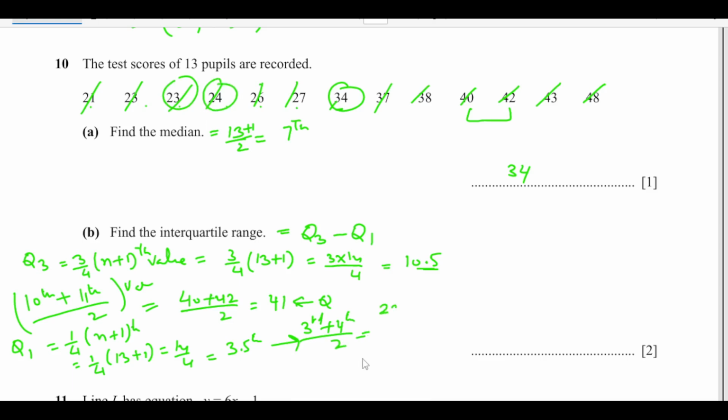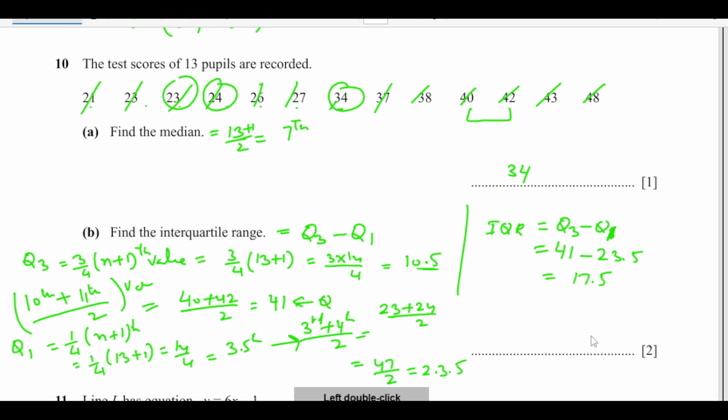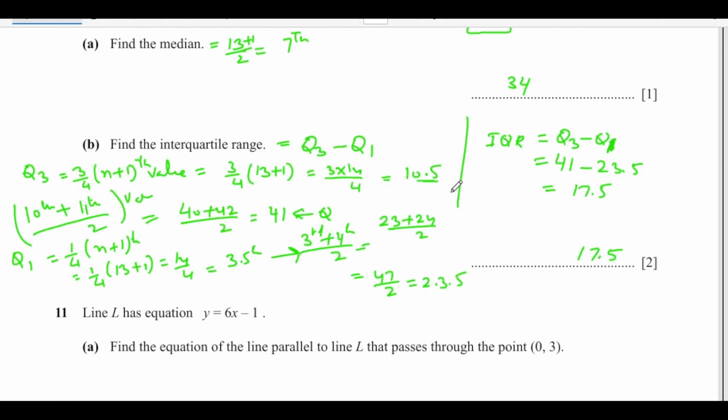So this is 23 plus 24 over 2, and this is 47 over 2, which is 23.5, right? So now what will be the interquartile range? Interquartile range is Q3 minus Q1. Q3 here is 41 minus 23.5, which is 17.5. So 17.5 is the answer.